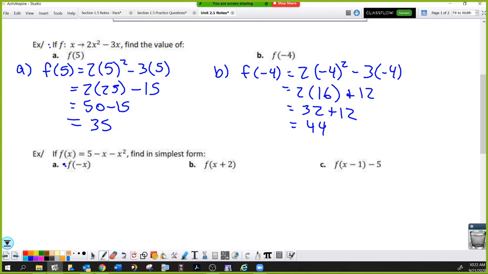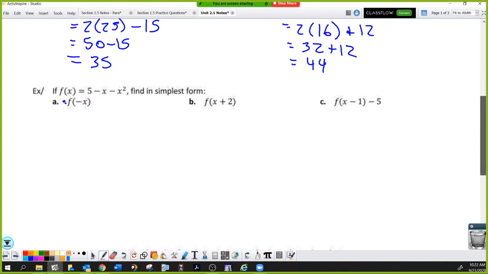Instead, you're plugging expressions in for x. So if it'll help, I'll switch colors. Anytime I'm going to plug something in, I'll write it in red. Something that was replaced, I'll put in red. But every time, I will use parentheses where there used to be an x. And that is how you avoid negative mistakes.